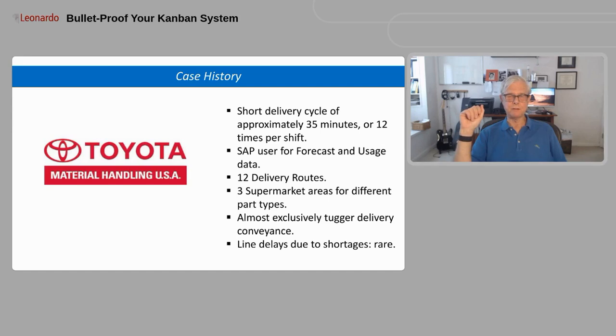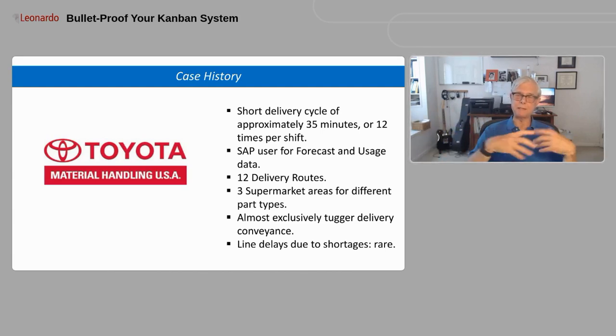They have a delivery cycle of 35 minutes or 12 deliveries per day, per shift. They only have one shift, so that's essentially per day. Every 35 minutes, a tugger is going to come by, pick up the cards, deliver full containers, pick up empty containers, which is pretty amazing, I think.